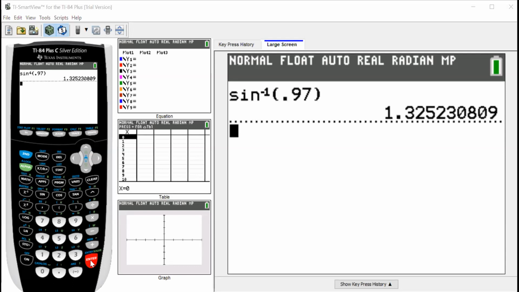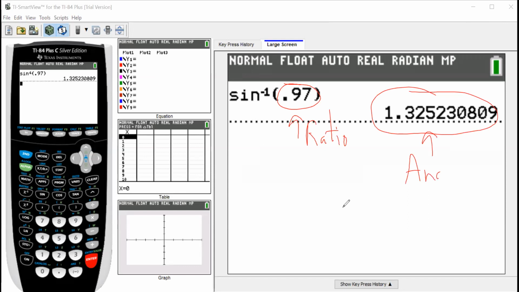And again, I'm going to continue to reiterate because now these are all decimal looking things. This right here is a ratio. And this 1.32523, even though it looks just like a number or perhaps a ratio, that is our angle in this case. And recall that we did this in radians, so it's a radian measure.